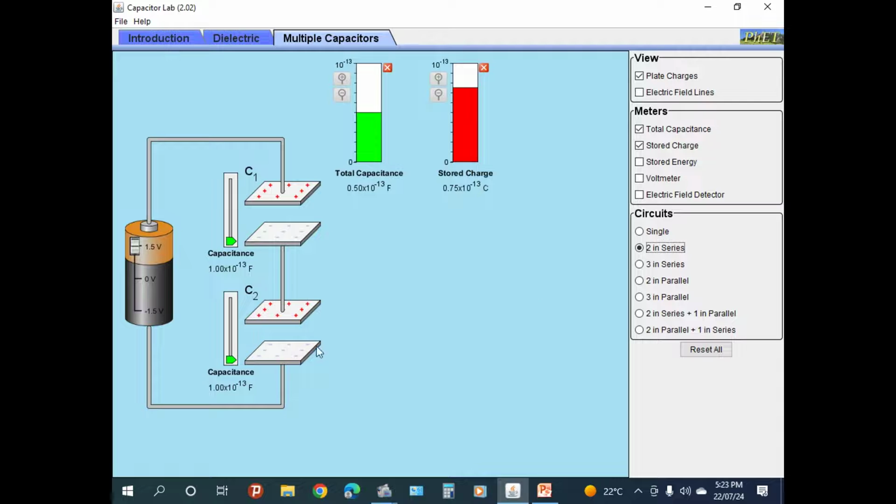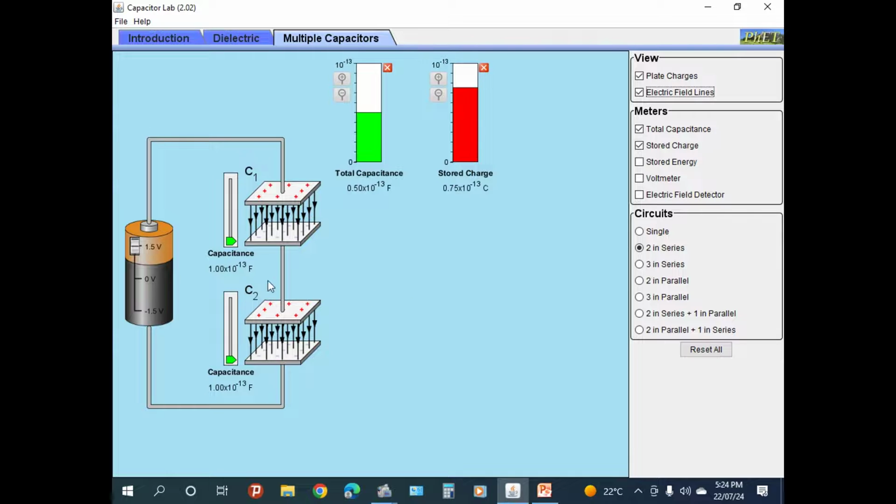This is the total capacitance and the total stored charge stored in the capacitors, and here the total capacitance, the ability of the capacitor. Here is the electric field line when it is on.